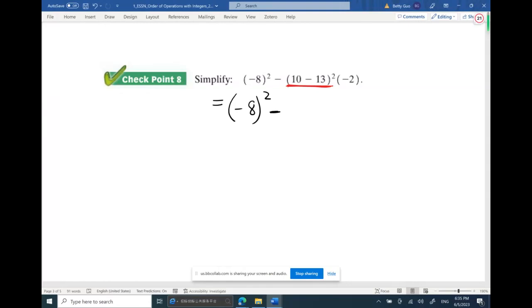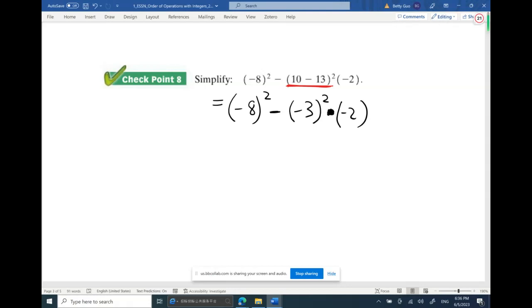And then minus this, and then let's see what is inside the parentheses, 10 minus 13. That's -3. Then -3 squared, and don't forget to keep these parentheses. This time the parentheses are not exactly a grouping symbol anymore. It's just to frame the base -3. And then times. Do we have a multiplication here, even though we don't see it?